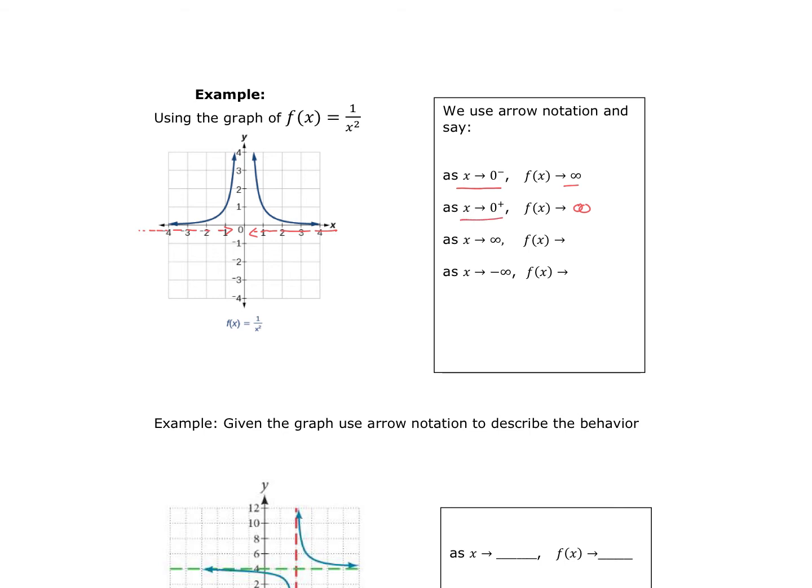What do we have when x is going to infinity? Well, as x values get larger and larger, you notice that your function values kind of bottom out here at 0. And that is true on the other side. As we approach negative infinity, it's also going to 0.